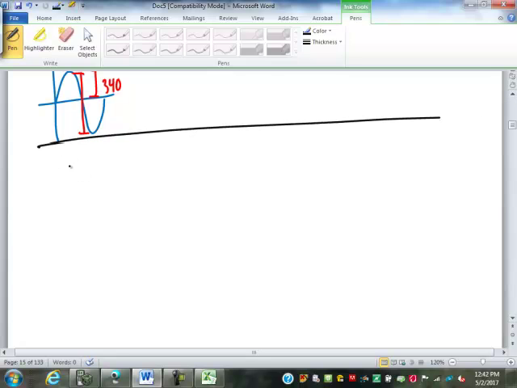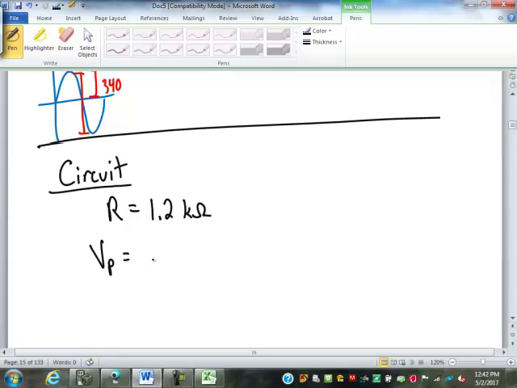So if I have a circuit that has, let's give it a resistance of 1.2 kilo ohms, peak voltage of 170 volts, I'm going to ask you to find the RMS current.